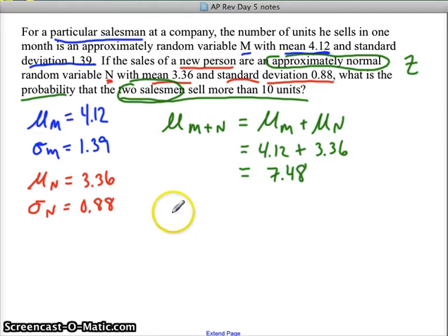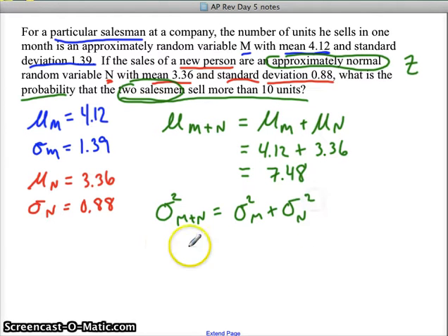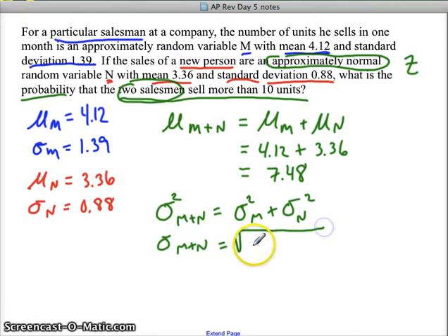Well, then I got to find the standard deviation. Well, I have to do the variance first. The variance of M plus N, I can add their variances up. And then if I want the standard deviation, which I'm going to need for my z-score, I'll do the square root of those added up.